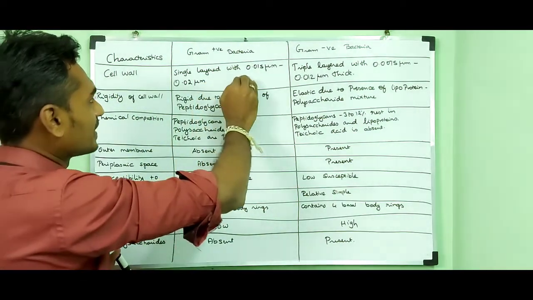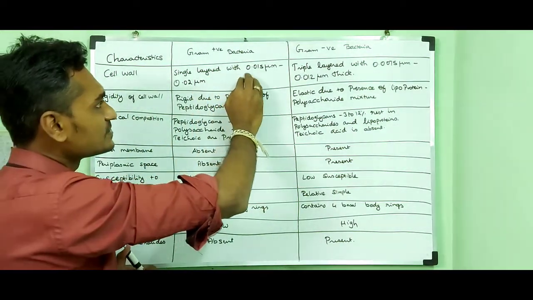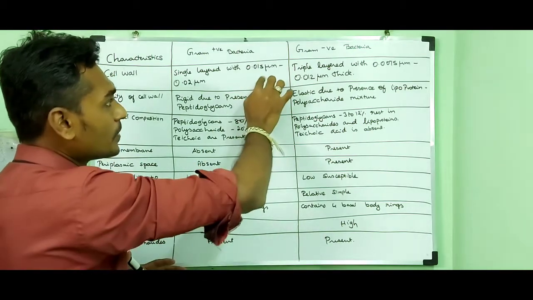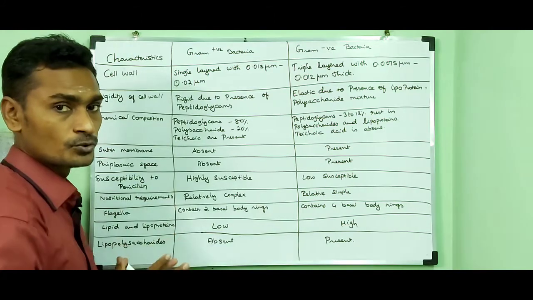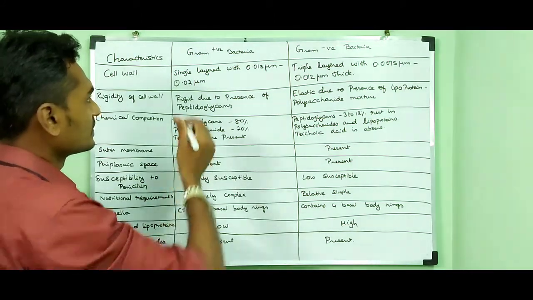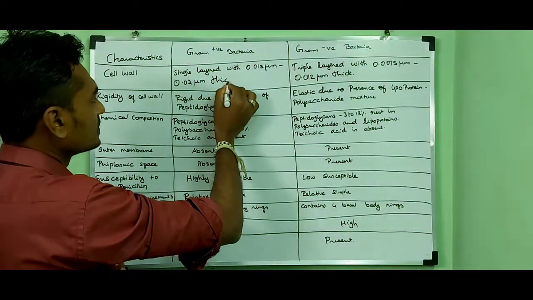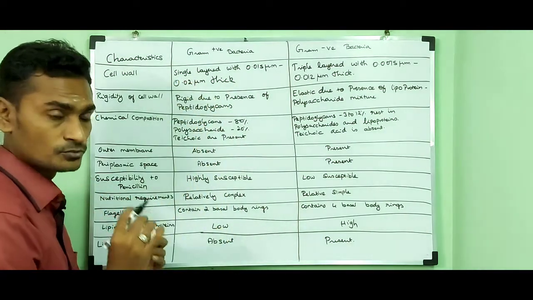In gram positive bacteria, the cell wall is single layered, 0.015 micron to 0.02 micron thick.